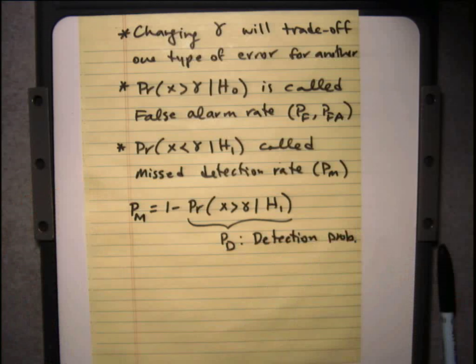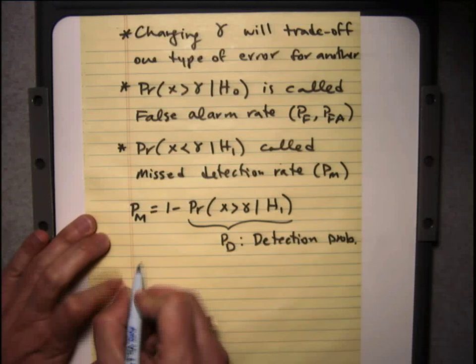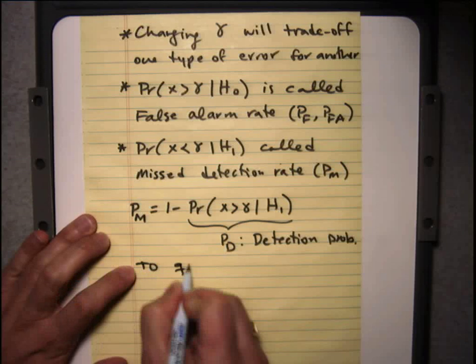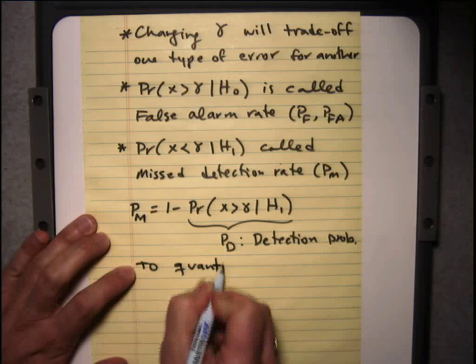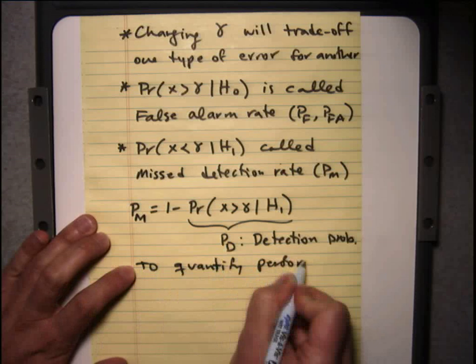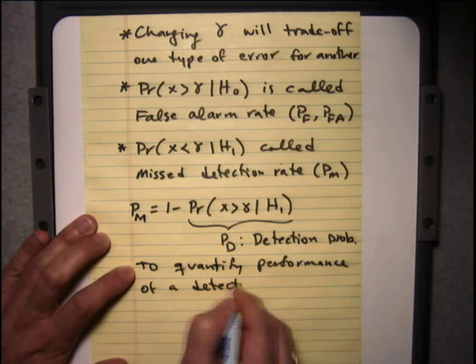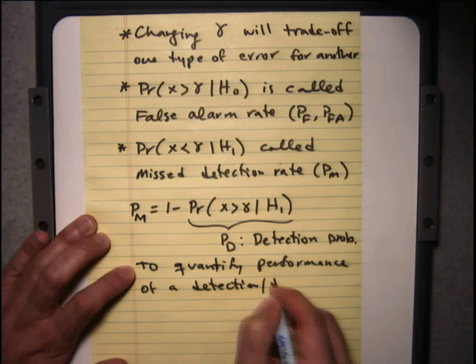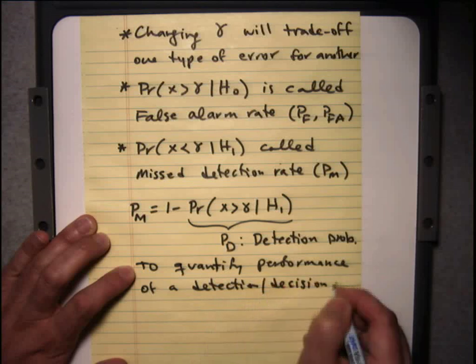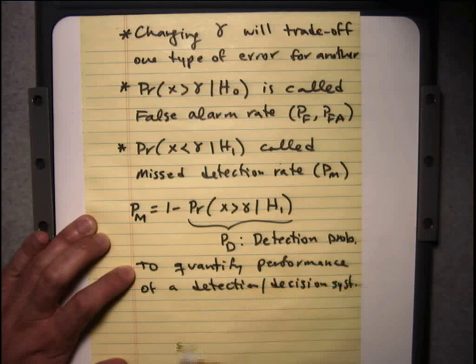Now, in order to quantify the performance of a detection or decision system, we look at the pair of numbers, PF and PD.